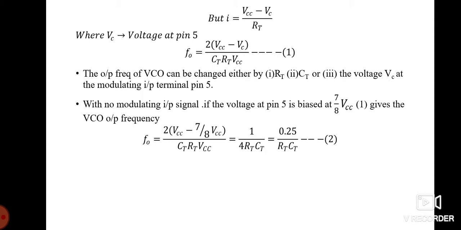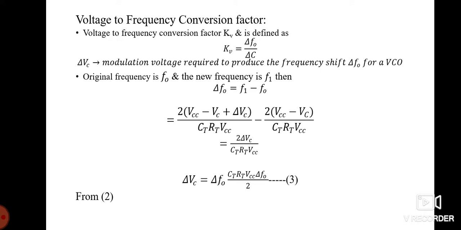After substituting the value for Vc and simplifying, we get 0.25 by RT Ct, marked as equation 2. Therefore, the VCO output frequency is F naught equal to 0.25 divided by RT Ct.